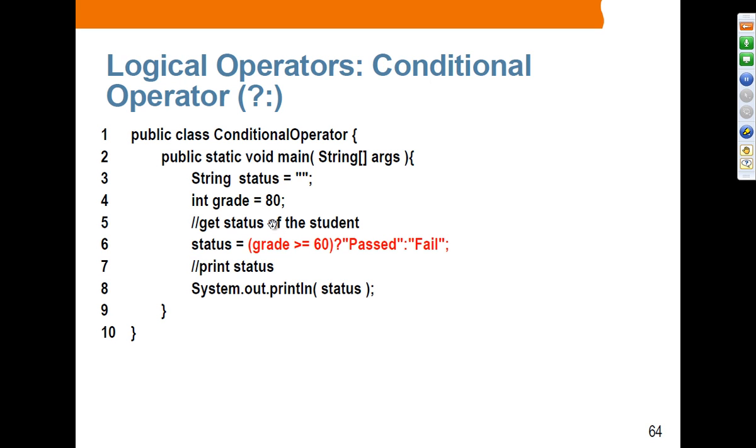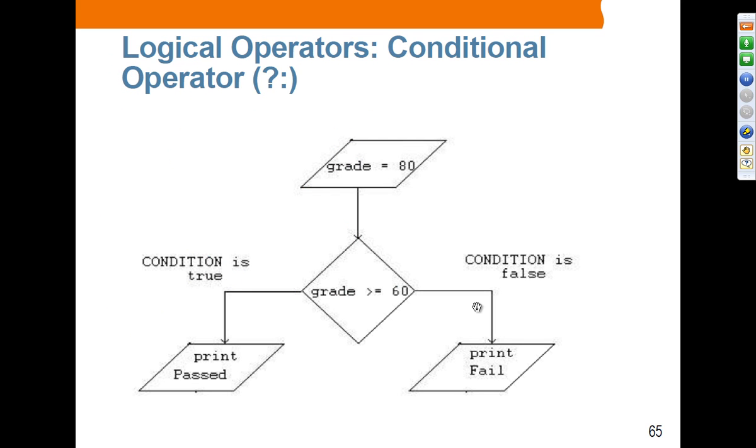If you set the value to 40, then it will result in false, and fail is returned. So the expression is evaluated, the evaluation results in true or false, and based on that, either this one or this one will be returned. Depending on whether the expression returns true or false, a different result will be returned.